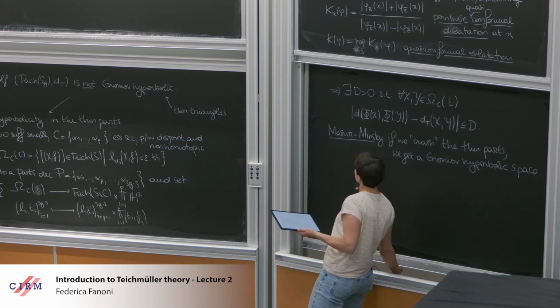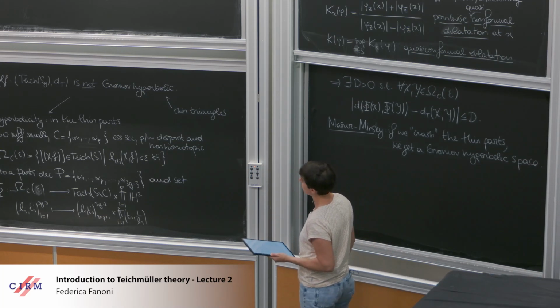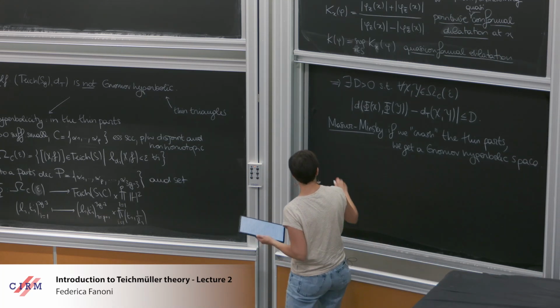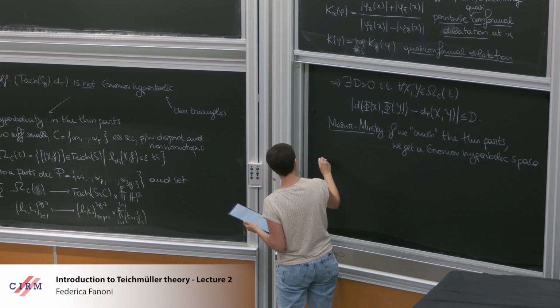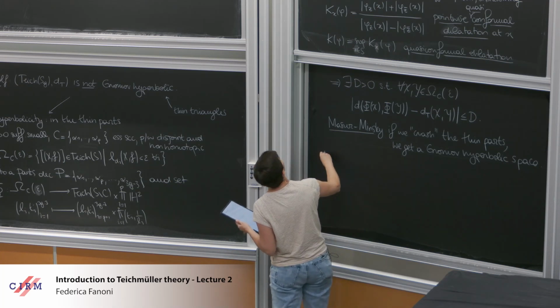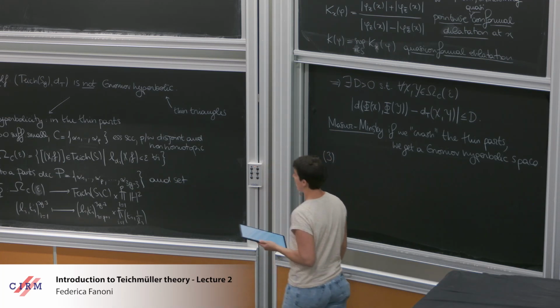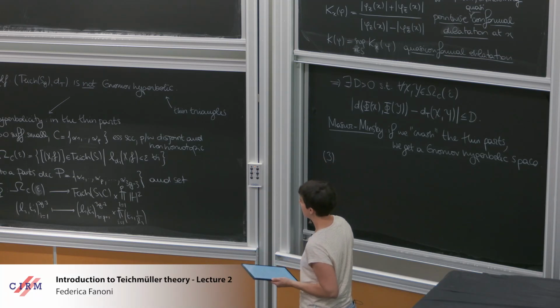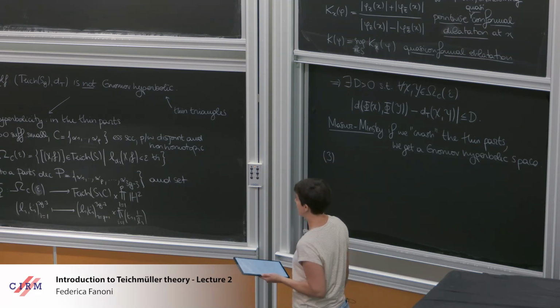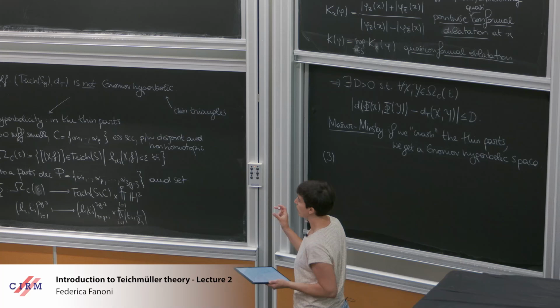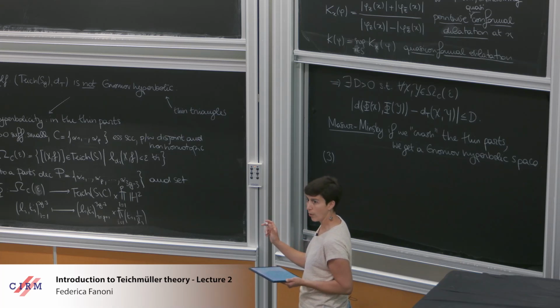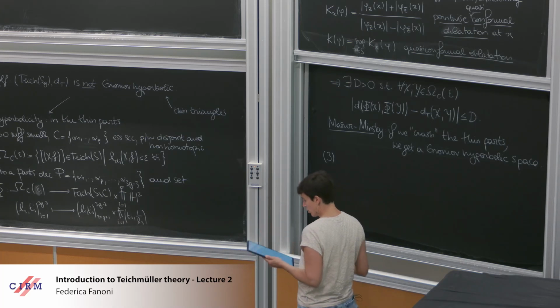Maybe, okay, let me say one thing, a very nice result by Wolpert, which gives you more of a geometric intuition about this distance. This links points at a certain distance with how the lengths of curves change.